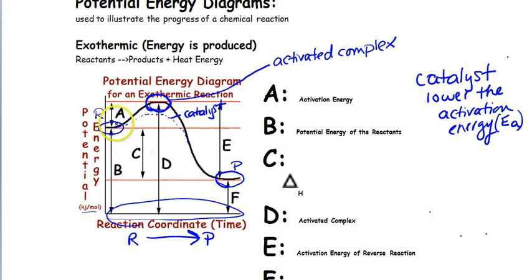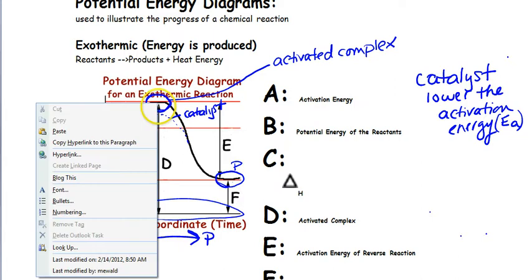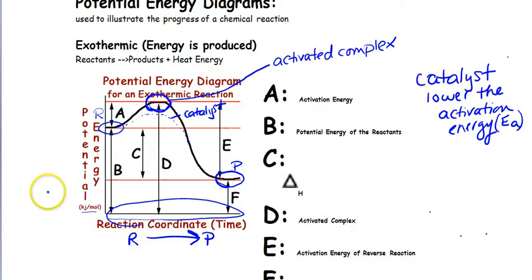All right, so A is pointing to the activation energy. And so from here, from the peak activated complex down to the energy of your reactant, all of this would be the activation energy for an uncatalyzed reaction.